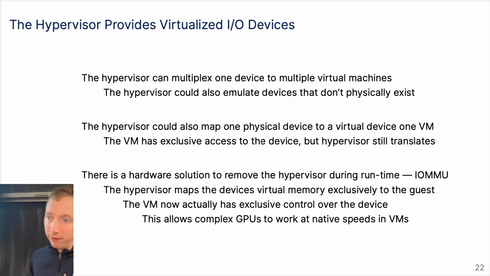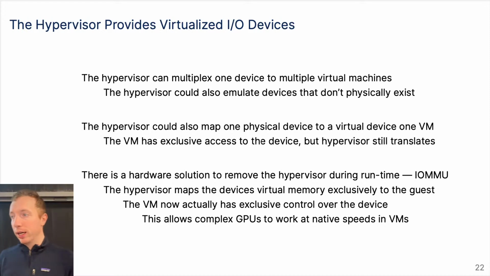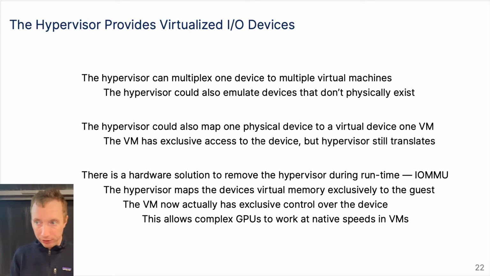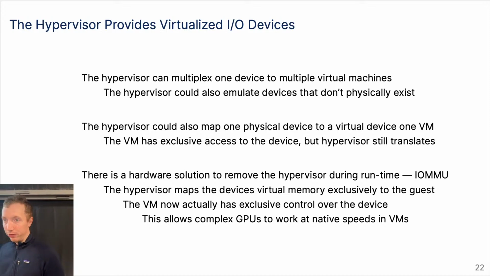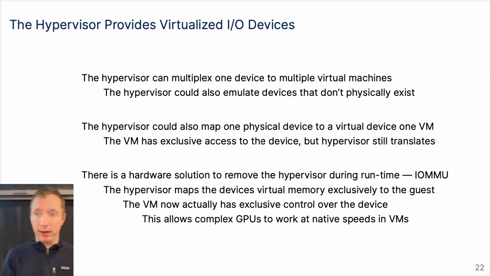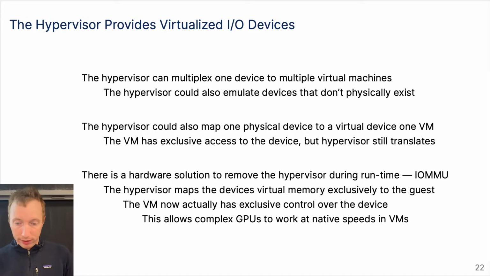It's better to just give like Windows the GPU, and then it actually gets physical access to the GPU and can run at actually native speed. So the hypervisor would map that to a virtual machine, and it would get exclusive ownership over it. And the VM actually controls the physical device as if it just booted up not as a virtual machine. So that, again, gets your GPU working at pretty much native speeds in virtual machines. So you can actually use virtual machines for like gaming or machine learning or whatever now because of this IOMMU thing.